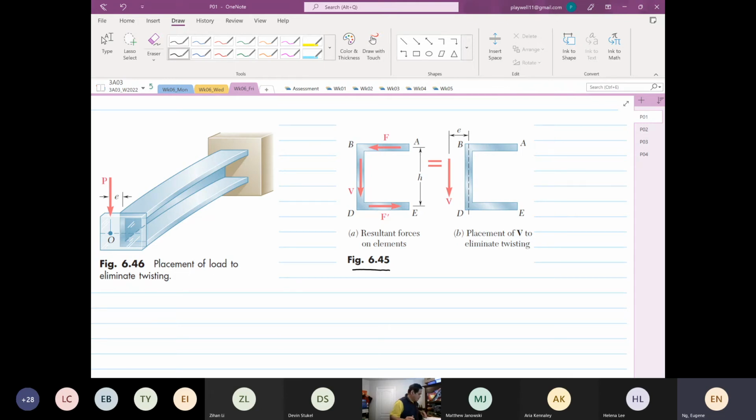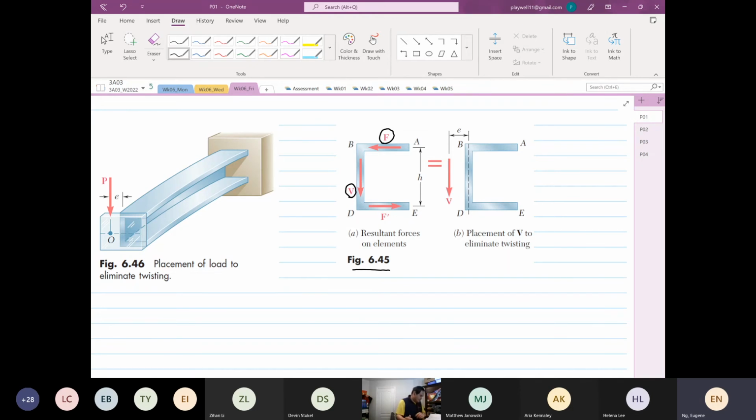The first thing you have to do is there are two types of forces. As you can see, you have the F, and you have the V over here. I know you used to see Vy, Vz.